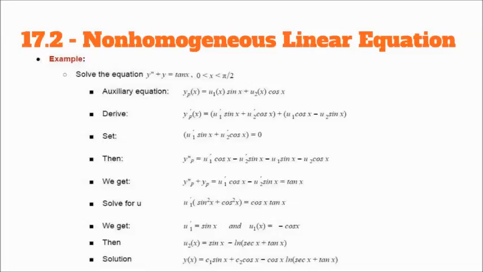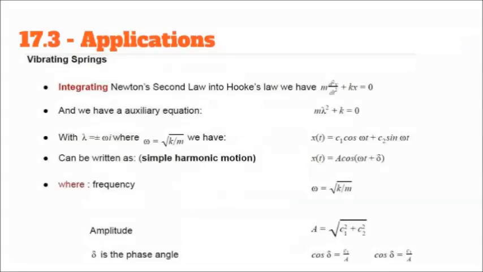We plug that in, we solve for u, we get u1 prime equal to sine x, u1 is then equal to negative cosine of x. Then after we plug everything in, we find the solution is y of x equal to that equation right there.